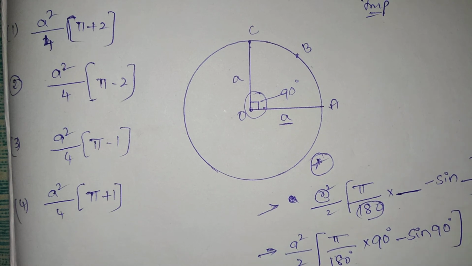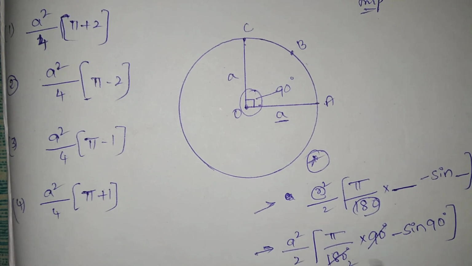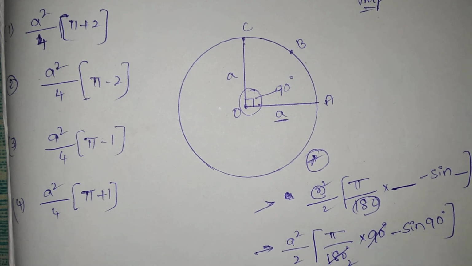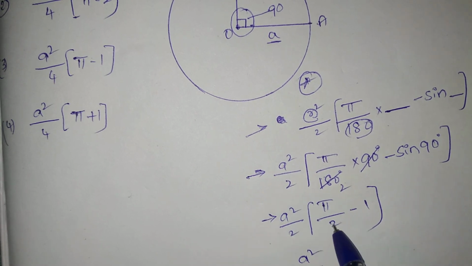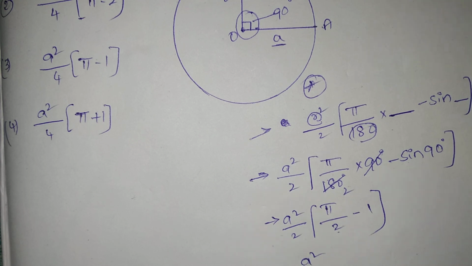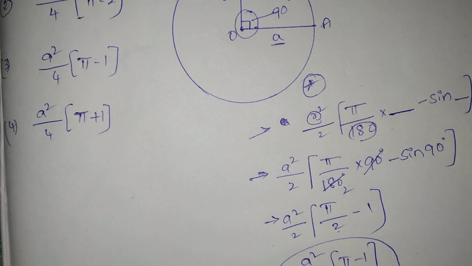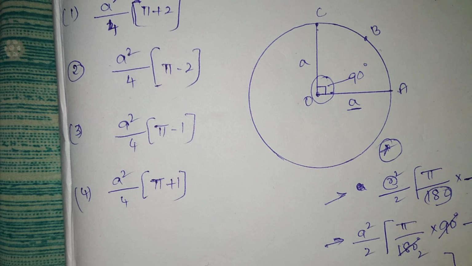A square by 2, 90 by 180 pi is pi by 2, minus sine 90 value 1. The a square by 2 comes outside: a square by 4 into pi minus 2. Here is the solution.